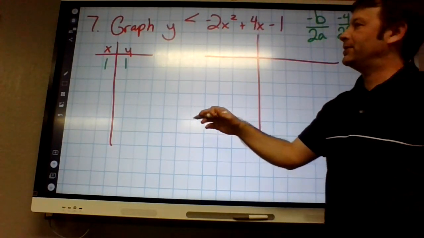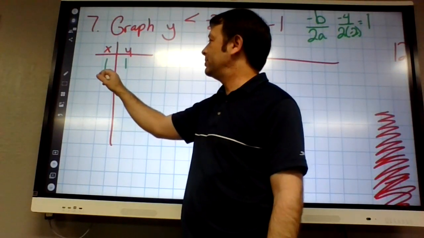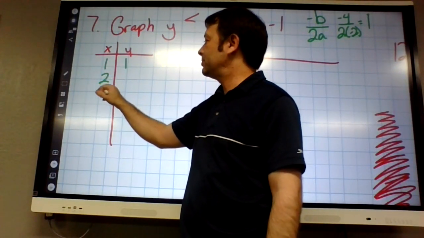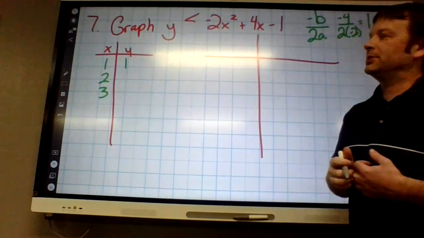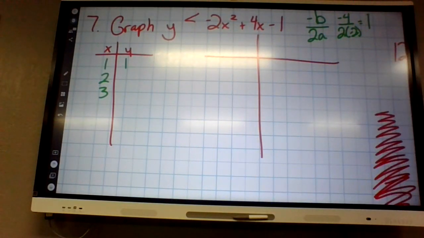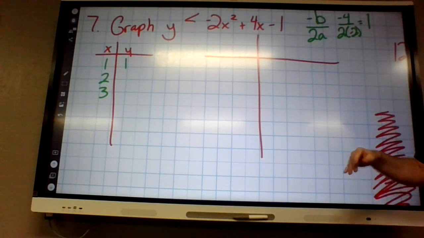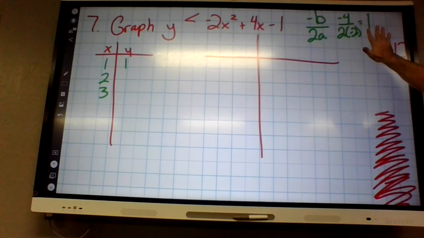Then what should I do after that? 0, negative 1, or I'll go positive. You can do 0, negative 1. It's fine. You're more likely to get a negative wrong plugging it in than a positive, but it doesn't matter. You can do either way.